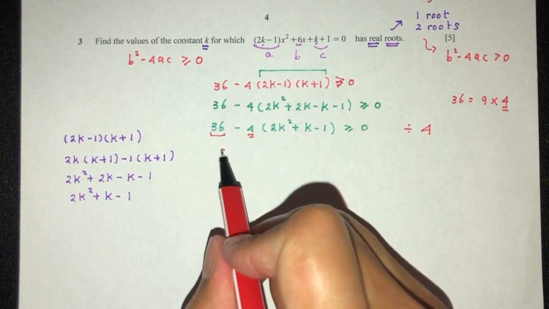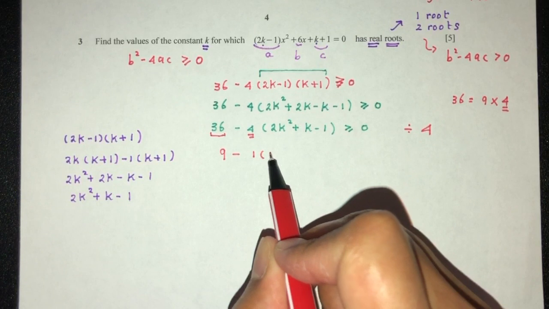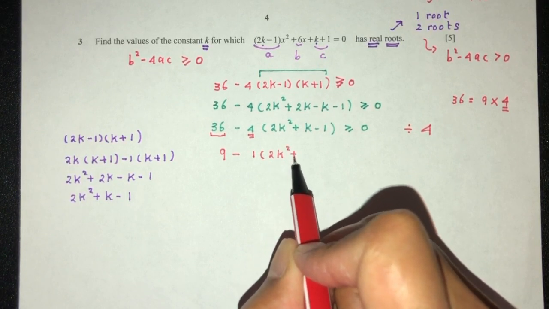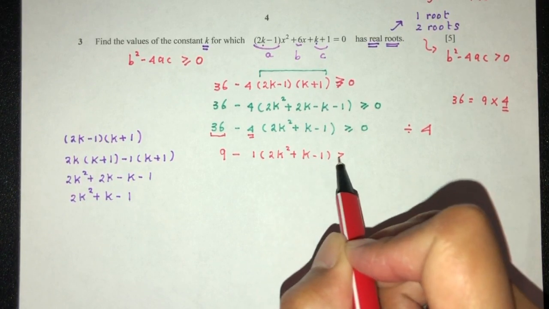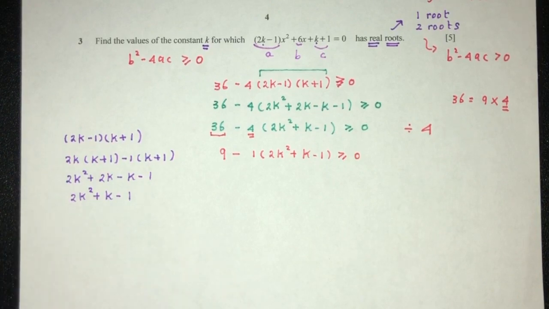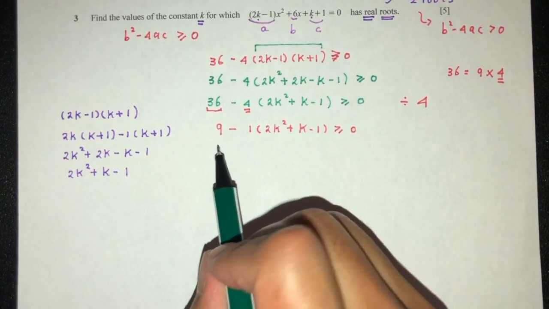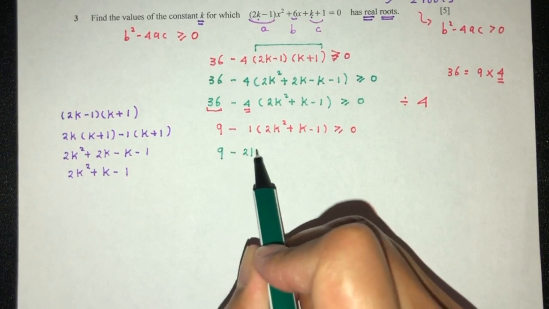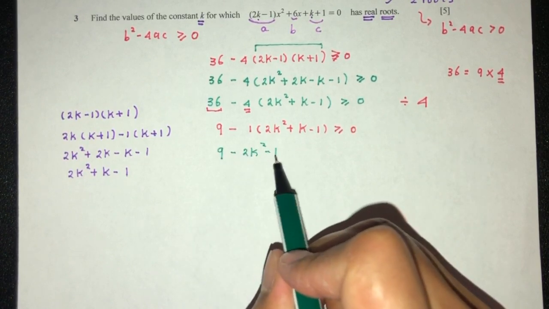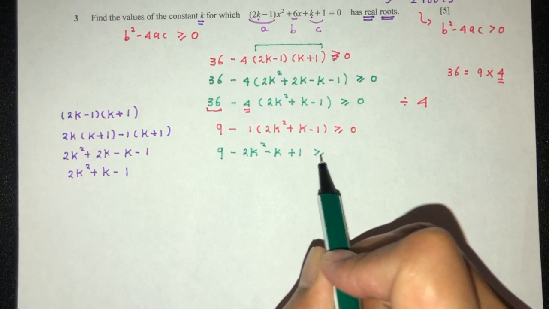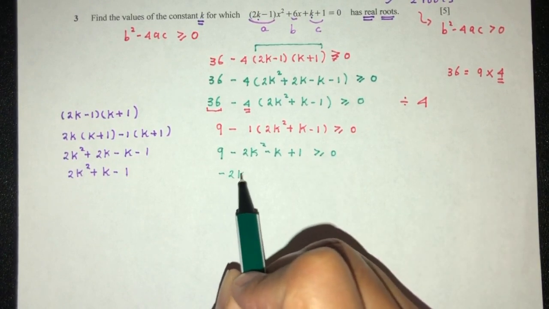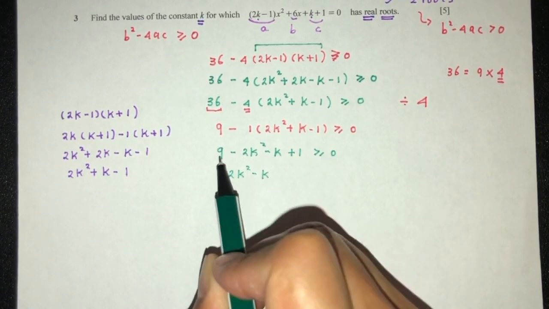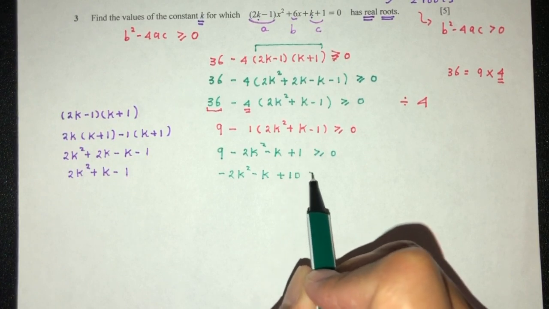This will become 9 minus 2k squared plus k minus 1 has to be more or equal to 0. Expanding, you will have 9 minus 2k squared minus k plus 1. 9 plus 1 will be plus 10.